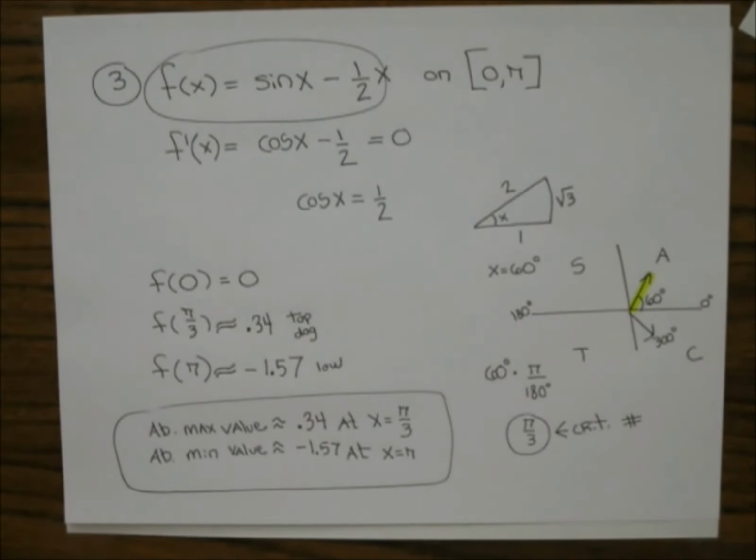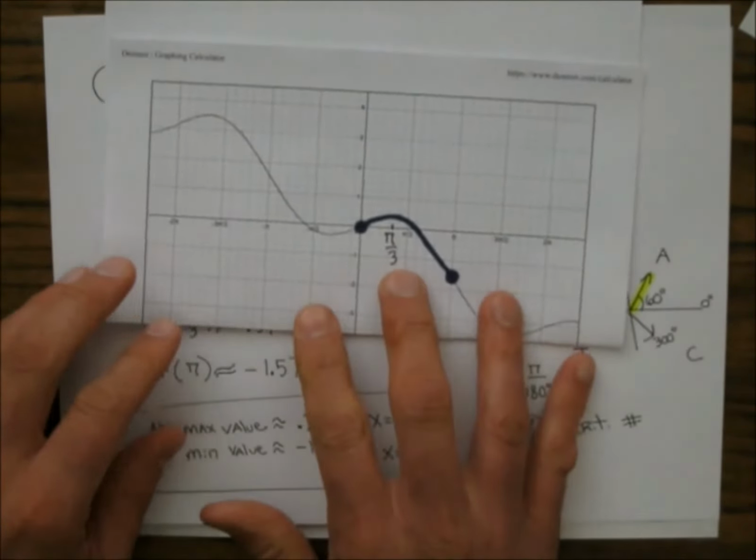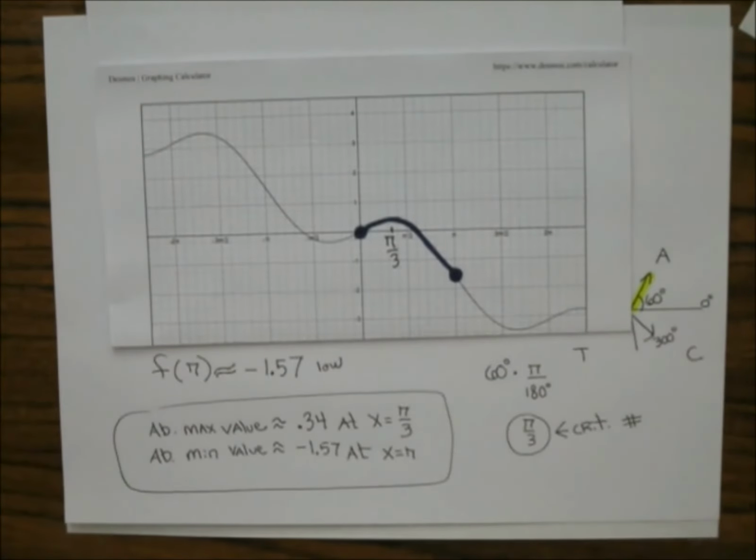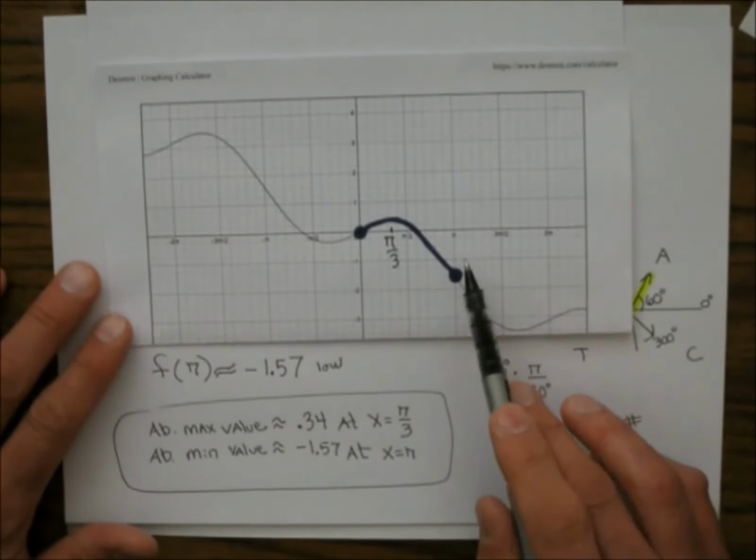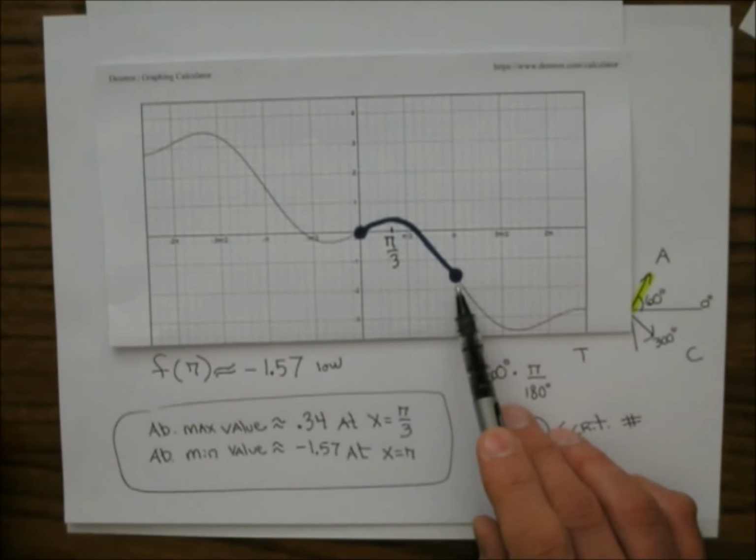What I'm going to show now is just a little visual satisfaction, so you can see what we found. Here's the graph. The minimum happens at pi, negative 1.57.